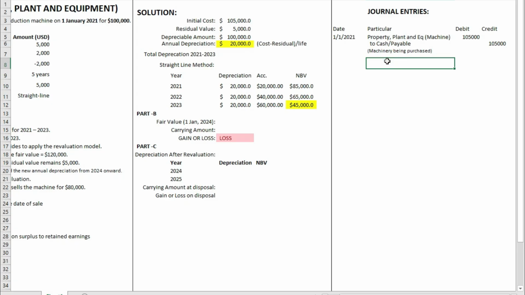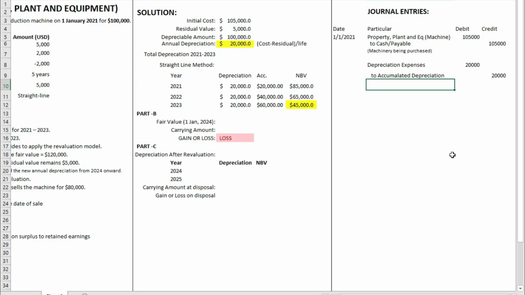And what we will do is we will depreciate the expenses of the recent year. Depreciation expenses will be debited, 20,000, and to accumulated depreciation, which is 20,000 of the recent year.